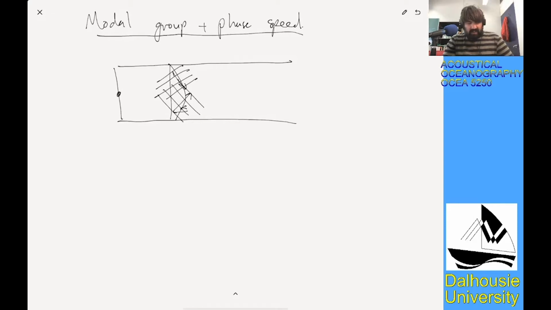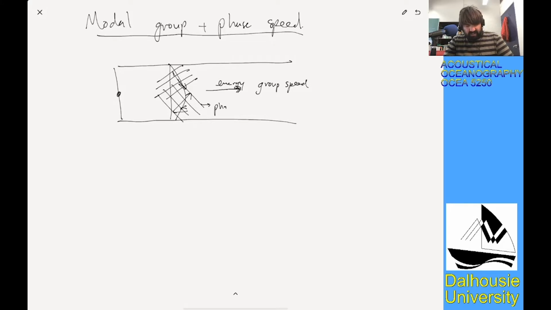Now we can also think about this mode as having two different properties. In the horizontal, it can propagate energy, right? And when it's propagating energy in the horizontal, we call that the group speed, okay? But it also has phase speed, which is the speed at which this particular phase travels in the horizontal, right?